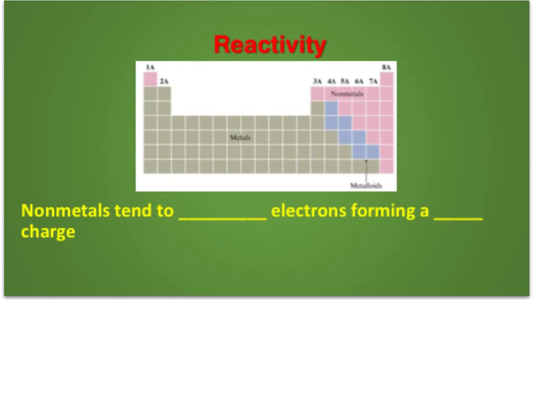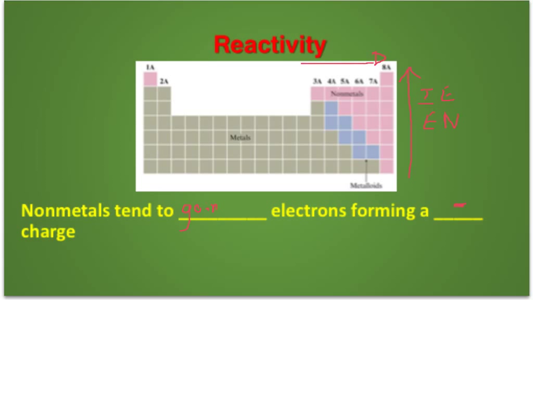Now let's look at nonmetals. Nonmetals tend to gain electrons. If they gain electrons, they gain negative charge, so they have more negative than positive charges. So they'll form a negative charge. Their reactivity increases in this general direction because we have higher ionization energy and higher electronegativity.